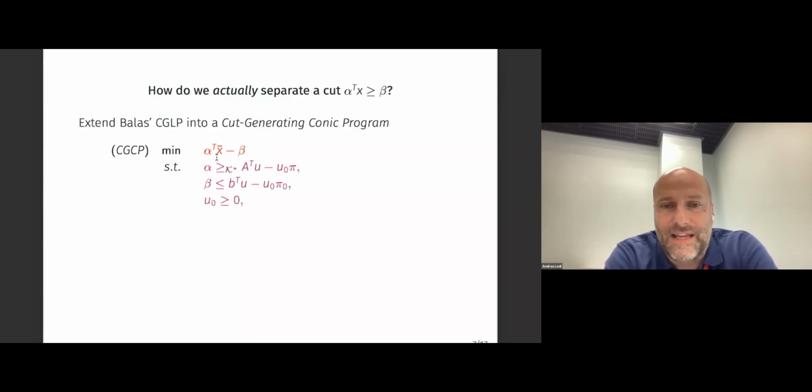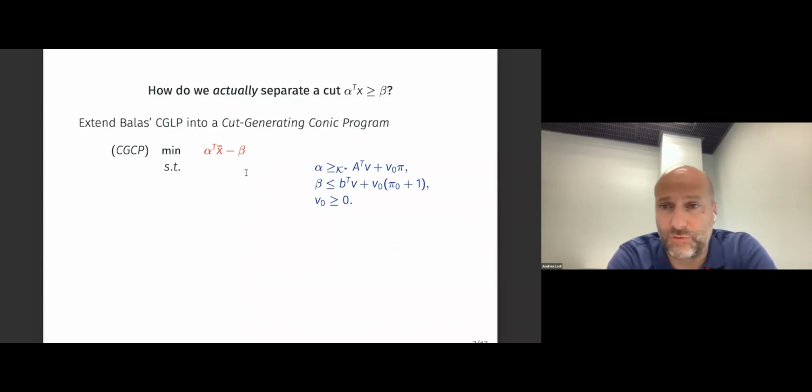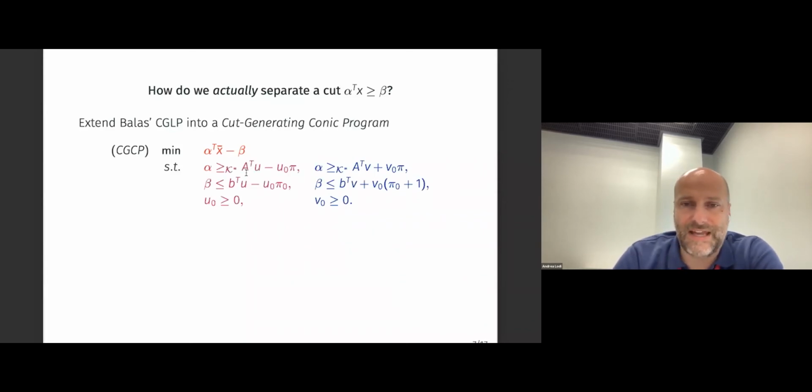And I have to respect on this side the fact that I'm applying Farkas lemma on one side of the disjunction, and I'm applying the Farkas lemma to the other side of the disjunction. And if I put everything together, and so alpha and beta, of course, have to satisfy these things for both, then I'm actually in business.